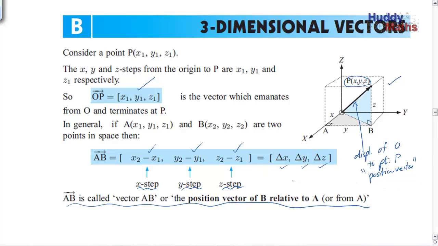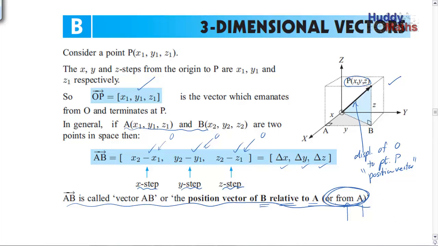And of course here, the first point in each case is going to be 0 if you're coming from the origin. But if you're going from A to B, then we say that's a position vector of B relative to A, or from A. That word can be a key word, from. Means you're starting there and you're displacing that point or travelling to the point from there.